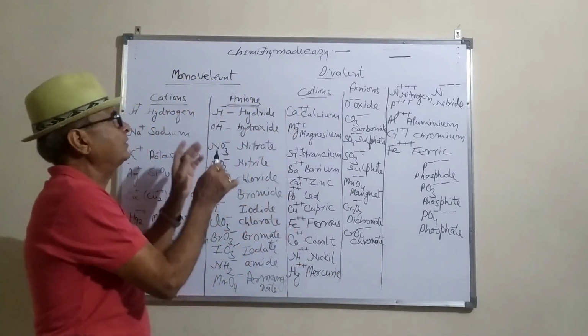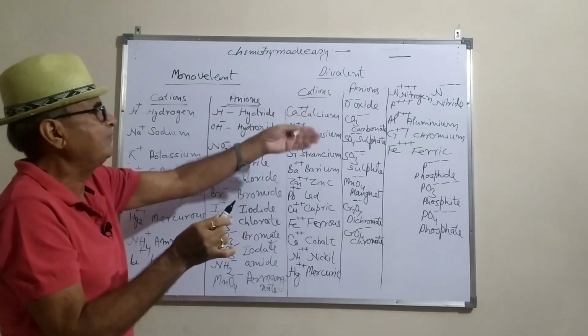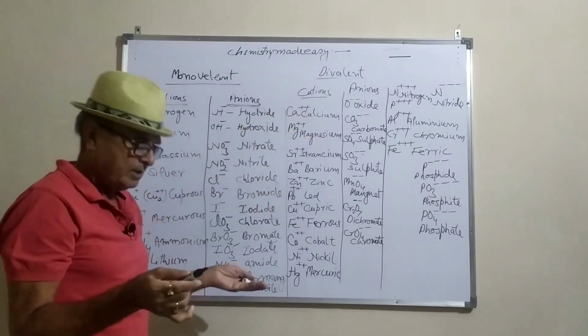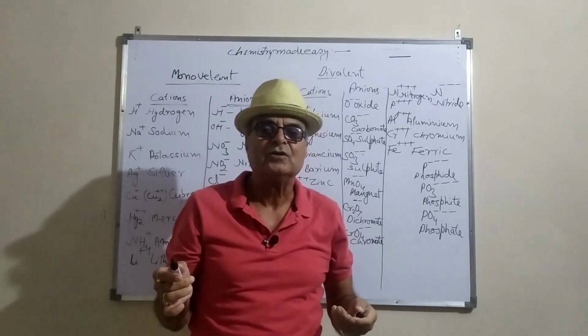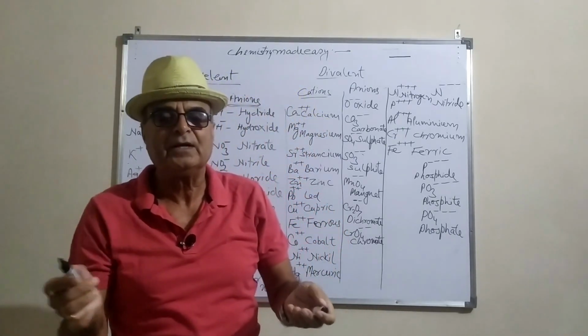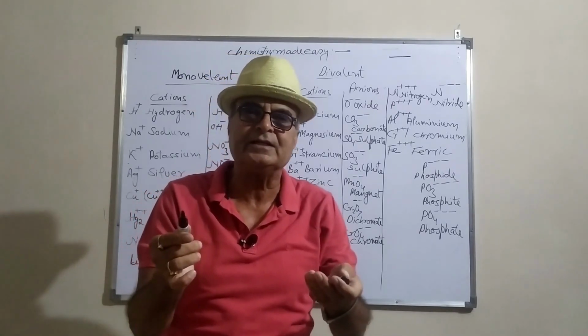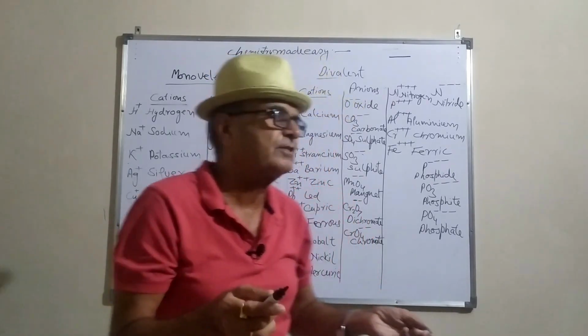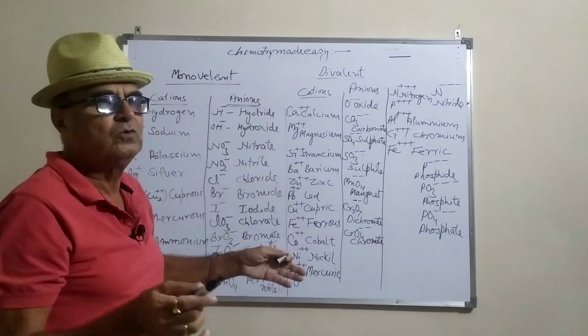These are the total ions, monovalent, divalent, and trivalent. These are the main ions which we used in our secondary and senior secondary classes, so these ions are sufficient to know.